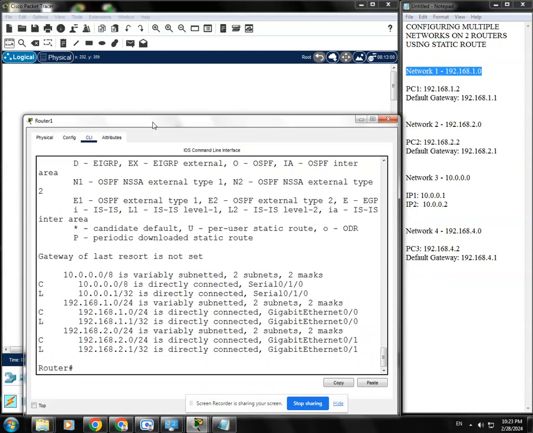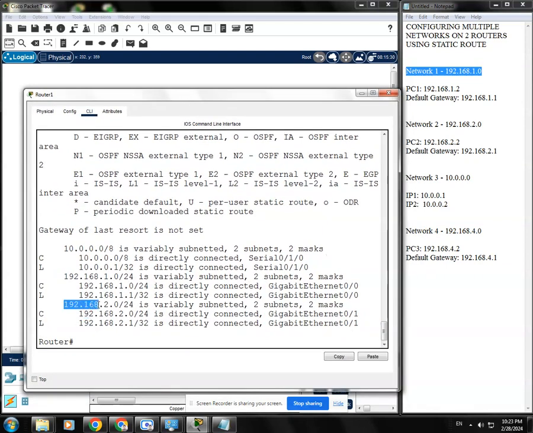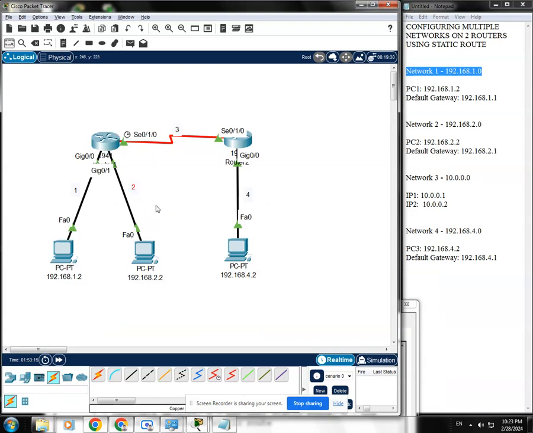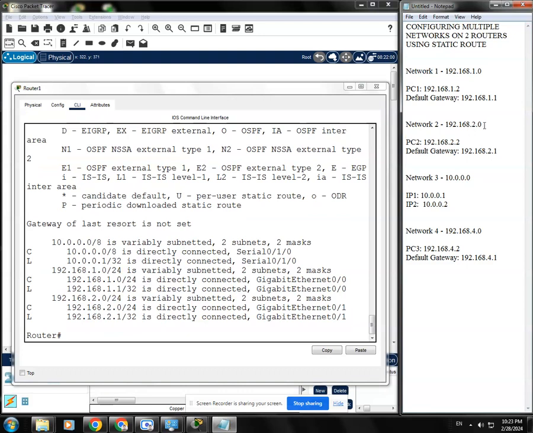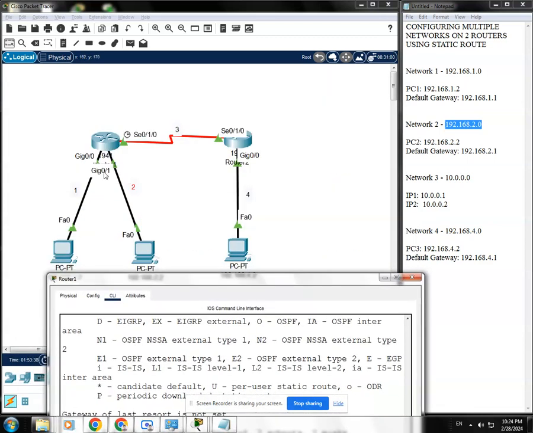Same thing with 192.168.2.0, which is this network two. I'm going to put it here. This network two is this one, 192.168.2.0. It's variably subnetted, two subnets and two masks, so these are the two. It's connected, that is why it can see the 2.0 network, and it's connected to gigabit 0/1, which is here, 0/1.